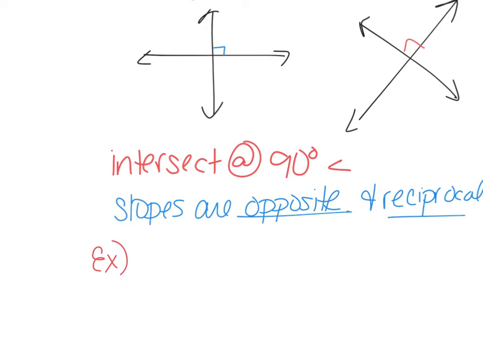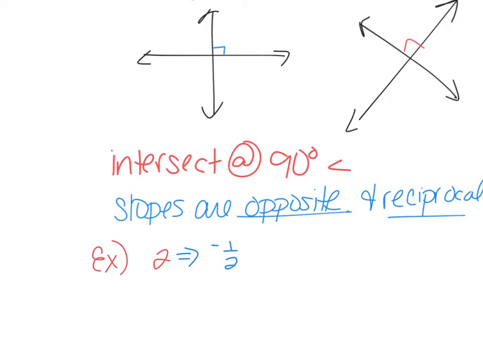Say the slope is 2 for one line. The opposite reciprocal slope: you may remember the word reciprocal, it's when you flip a fraction upside down. So the reciprocal part would be 1/2, and the opposite part is, if it's positive, it'll be negative, and if it's negative, it turns positive. So in this case, it would be -1/2.